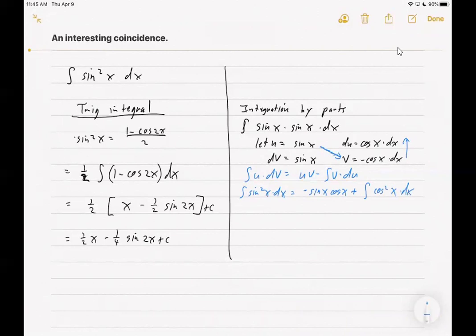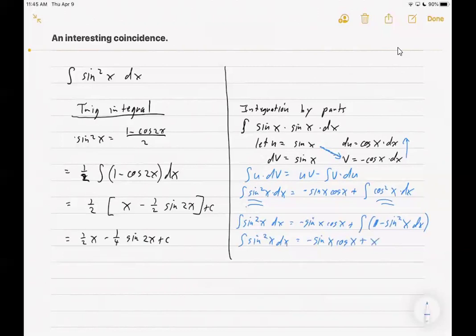All right. Now, trig identity, we have a sine squared over here on the left, and we have a cosine squared on the right. Let's keep the left the same because that was the original problem. But if I rewrite this on the right-hand side as plus the integral of 1 minus sine squared of x dx, I can then say, I have the integral of sine squared of x dx is equal to negative sine x cosine x, plus I have 1, so that antiderivative is just going to be x.